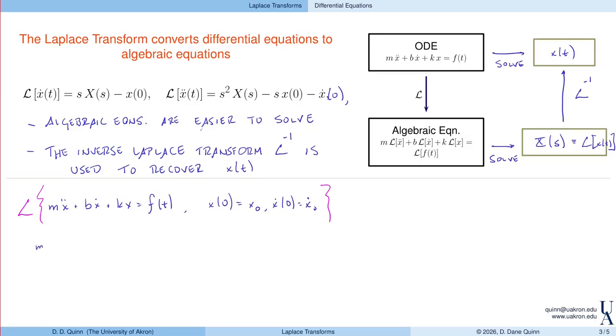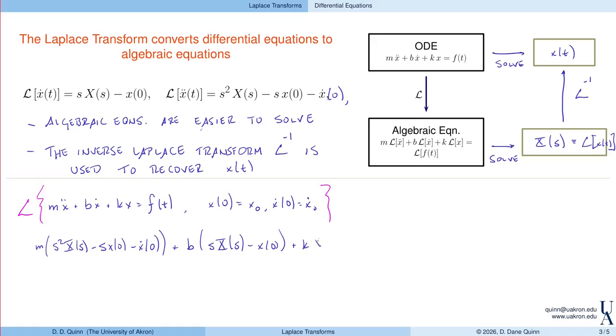So that becomes m times the Laplace transform of x double dot. Well, that's up here: s squared x of s minus s times x of 0 minus x dot of 0, plus b times the Laplace transform of x dot, so that's s times x of s minus x of 0.